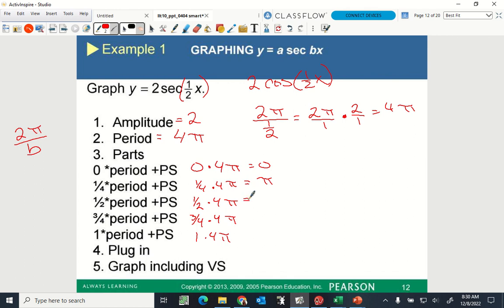Half times 4 pi is 2 pi. 3/4 times 4 pi is 3 pi, and 1 times 4 pi.